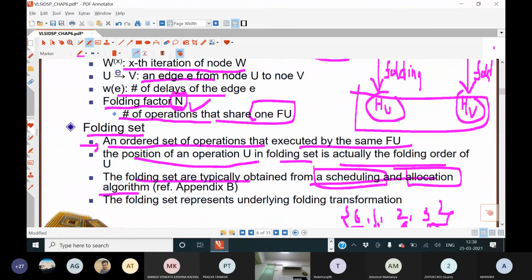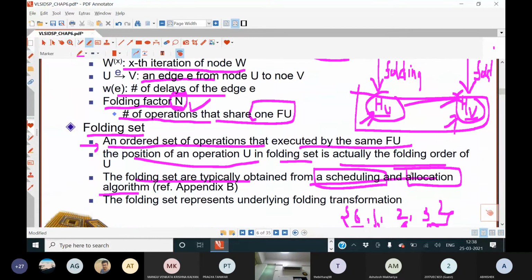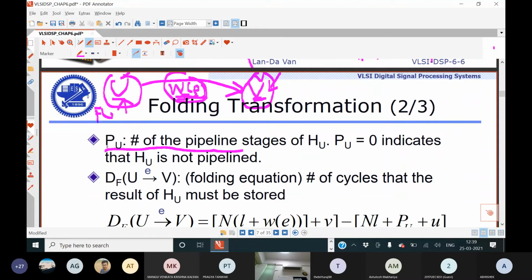When I consider U and V and apply folding, U is represented as HU and V as HV. HU and HV have the same relation: once HU is completed, then HV will be executed. But now we need to know about the pipeline stages of HU. Now, why is it required?